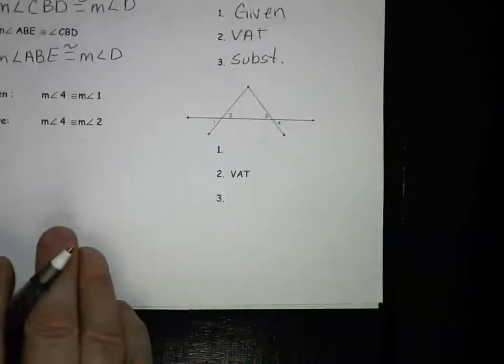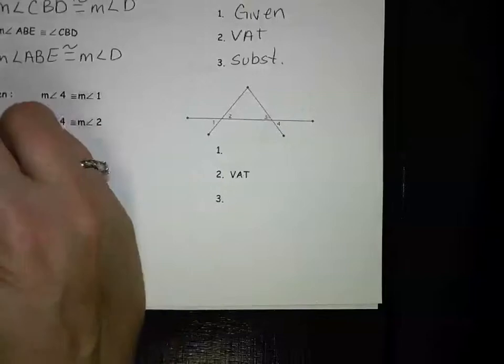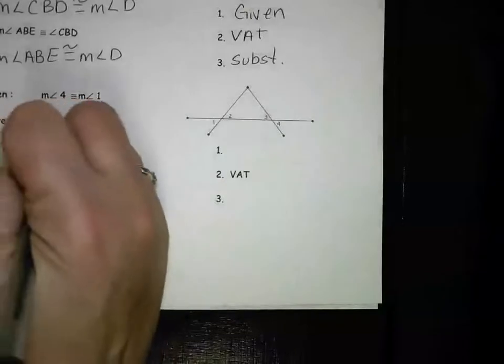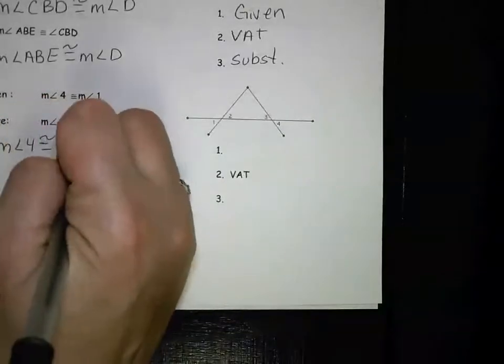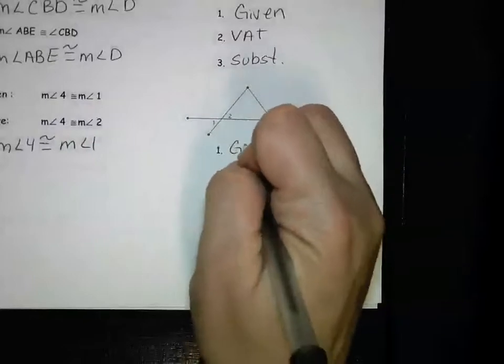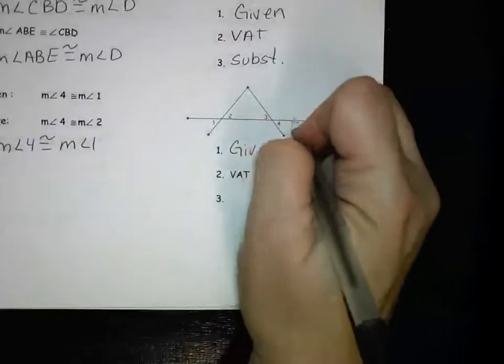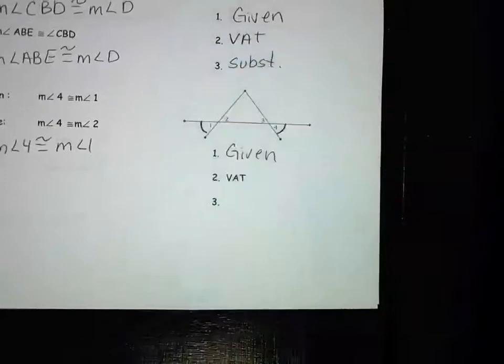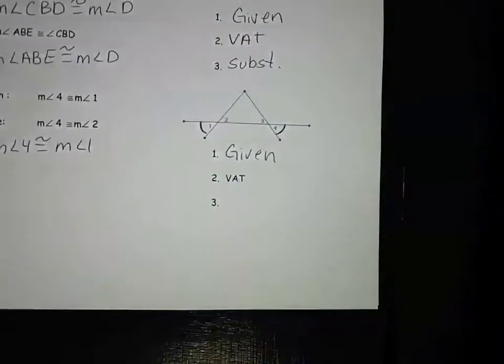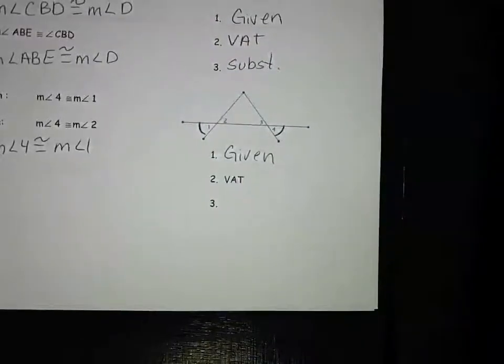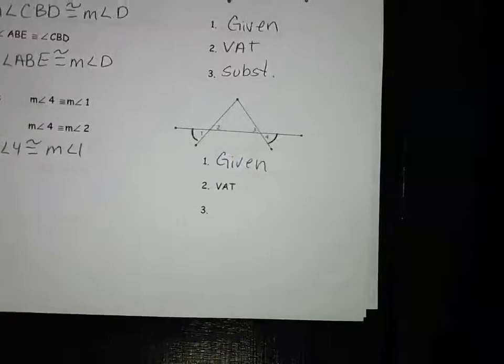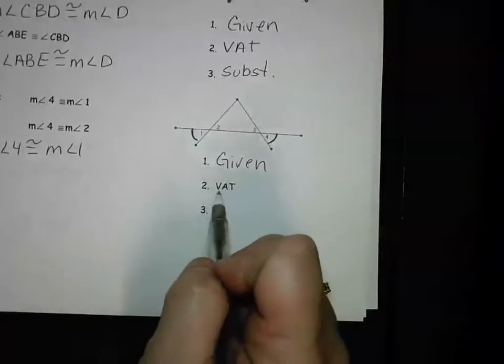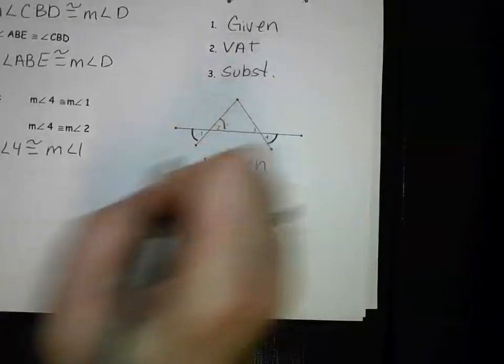And example 5, we are given the measure of angle 4 is congruent to the measure of angle 1 as our given. So I'm going to mark that in my picture. Again, we have no nice hints, nothing else going on, so we have to figure out some things from our picture. Well, we've got a hint here, vertical angles.